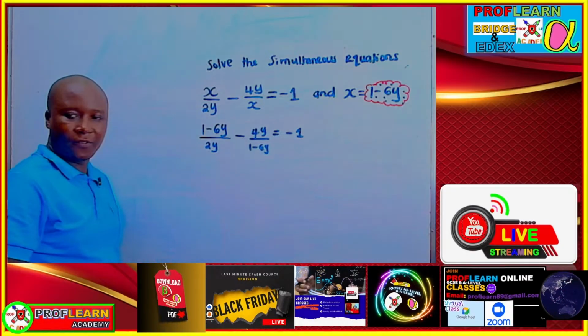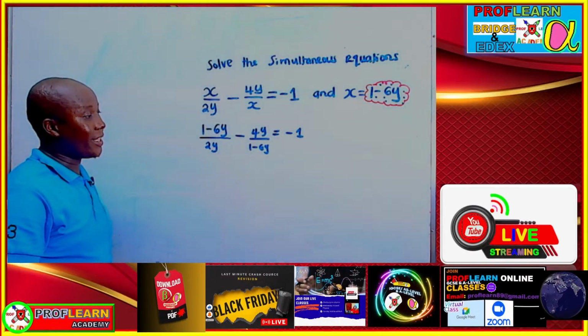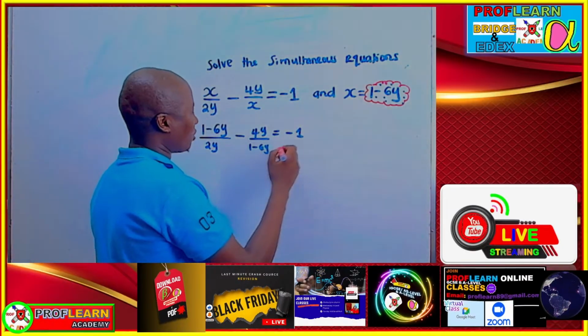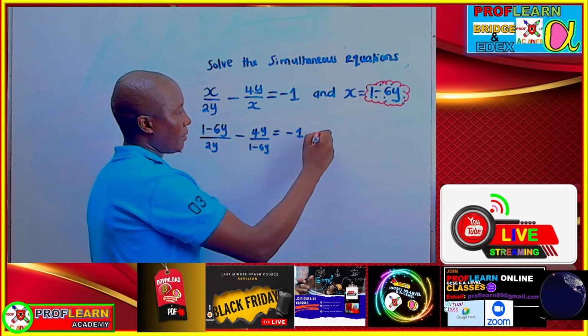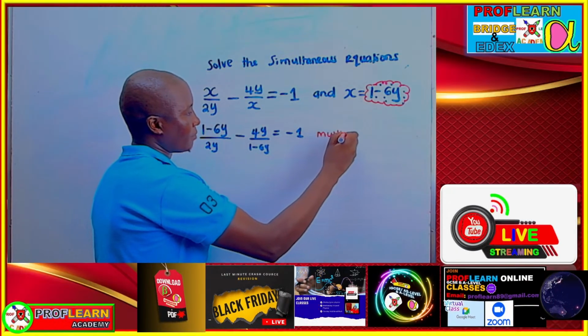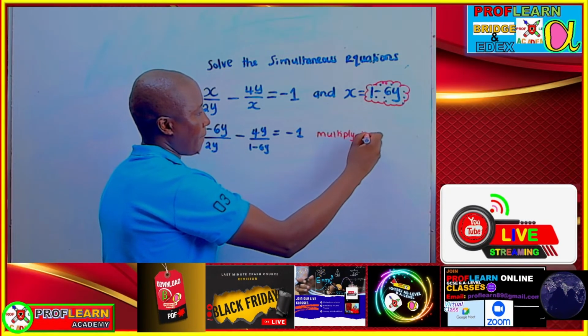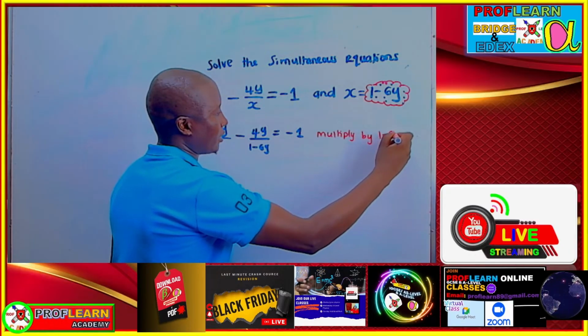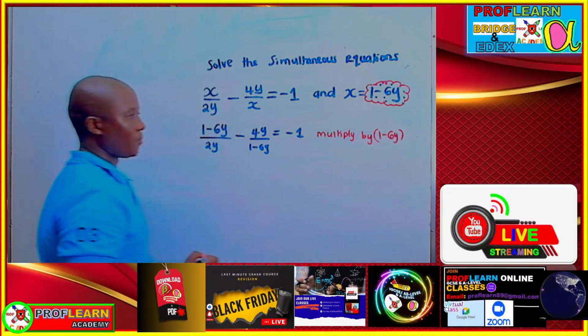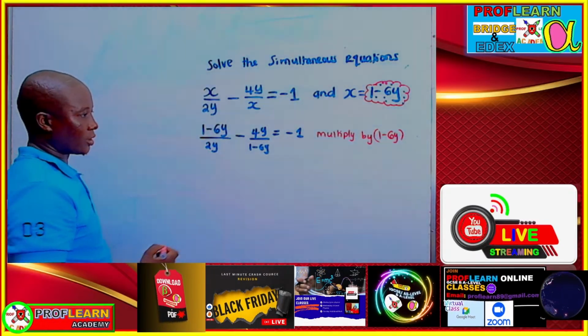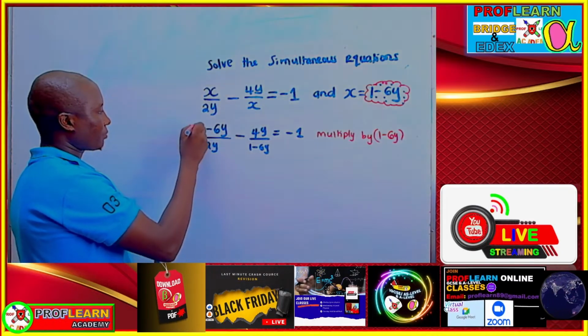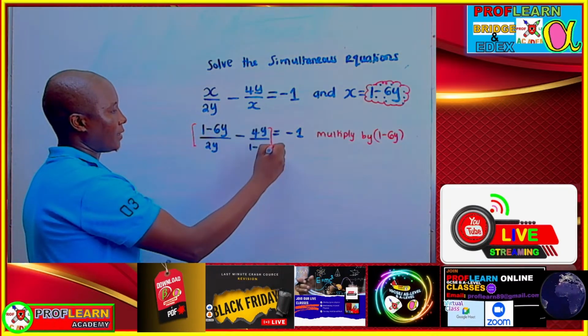Now, once I've done that particular step, the next thing is, I need to multiply all through by 1 minus 6y. Every term multiply to that. So this is going to be this side and this side.